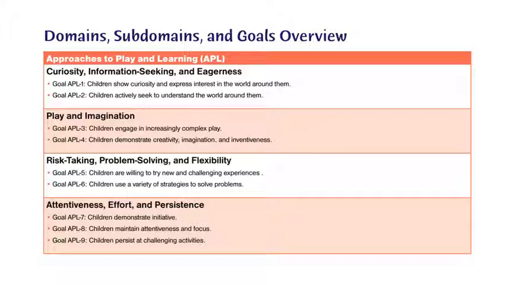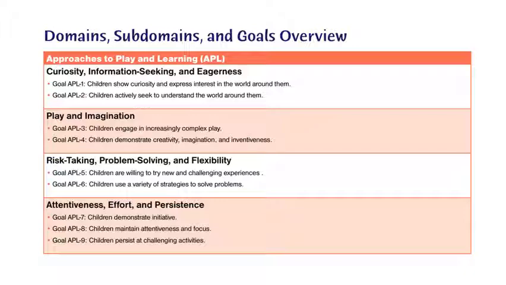This specifically is the approaches to play and learning domain, and you notice there are 4 separate subdomains under the APL domain, and under each of those subdomains are the specific goals.